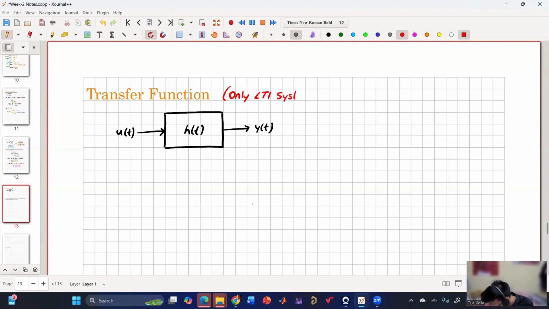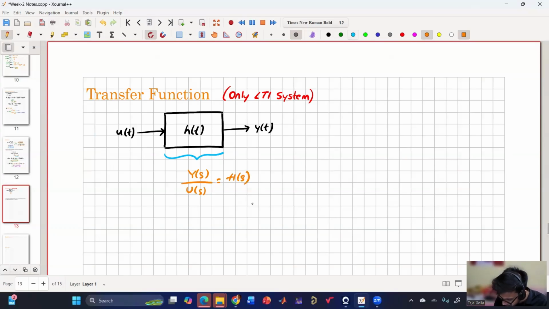Okay. So the transfer function is defined as the Laplace transform of output by Laplace transform of input. So the transfer function of this is nothing but the Laplace transform of output, which is Y of s, by the Laplace transform of input, which is U of s. And it is H of s because we know from the convolution.